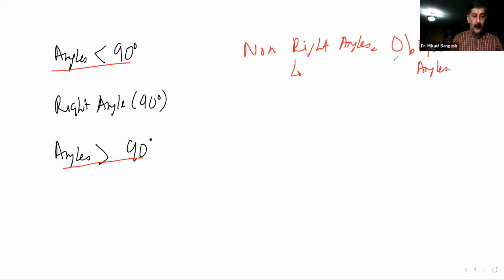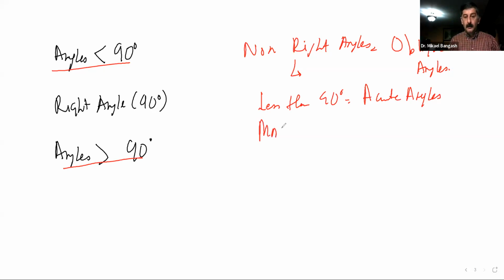Angles that are oblique and less than 90 degrees are called acute angles, whereas angles that are more than 90 degrees are called obtuse angles.